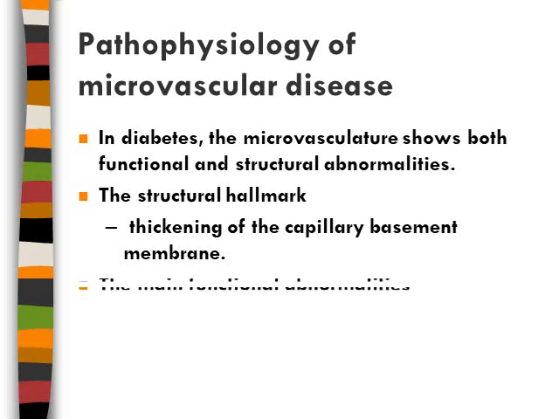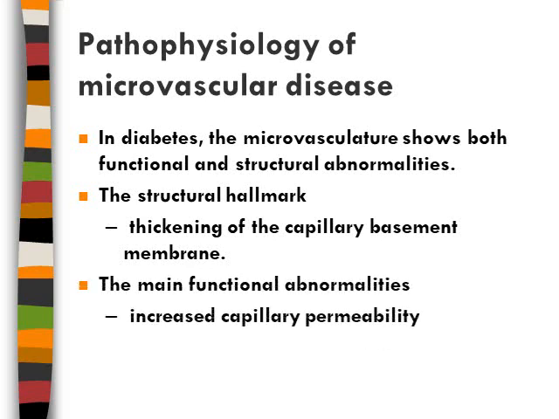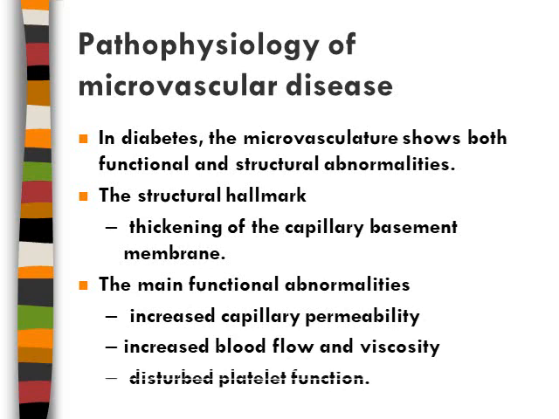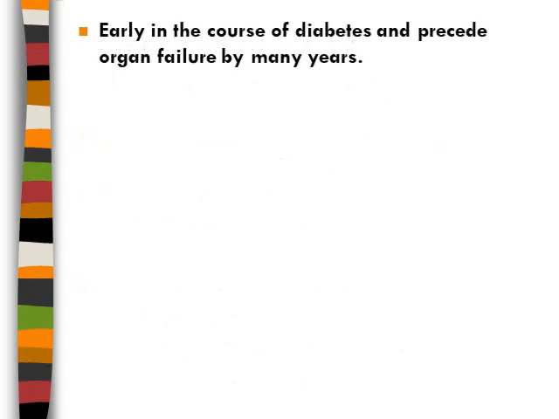The main functional abnormalities are increased capillary permeability, increased blood flow and viscosity, and disturbed platelet function. These changes may be seen early in the course of diabetes and precede organ failure by many years.